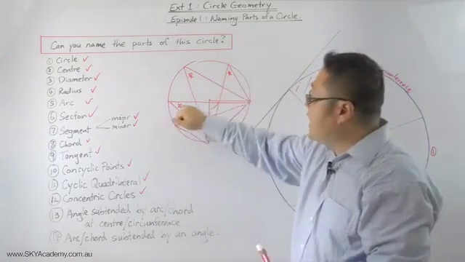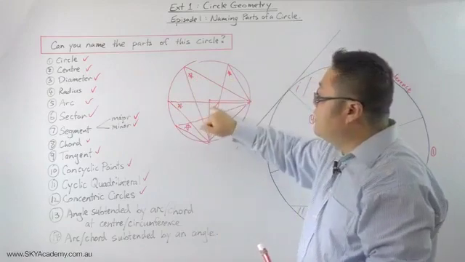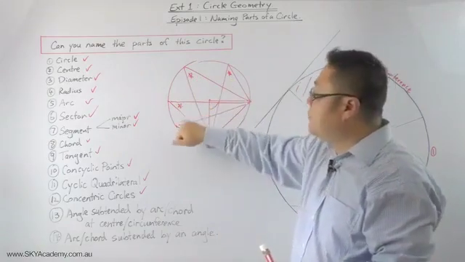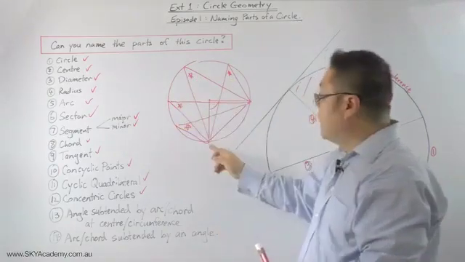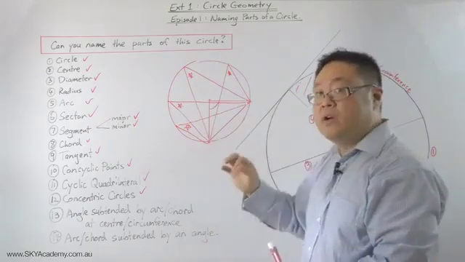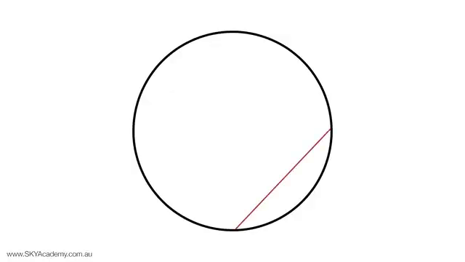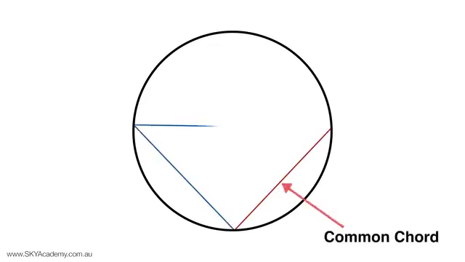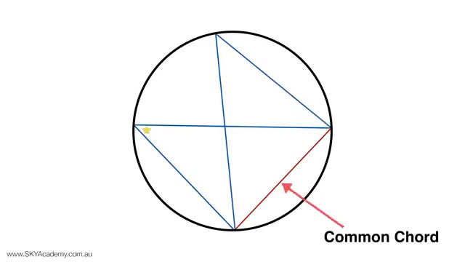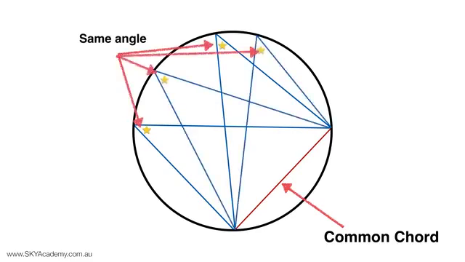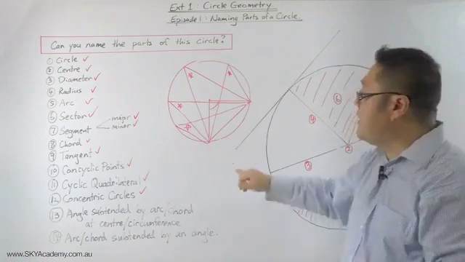Not only are all these angles going to be equal, but you will find that the angle at the center will be double the angles at the circumference for any common chord or any common arc. Okay, so that's number 13. We've kind of covered that.